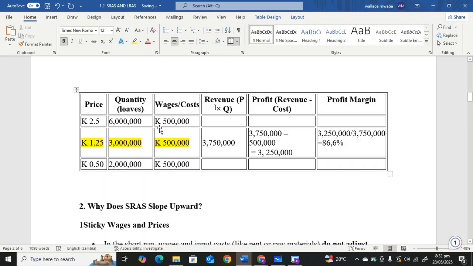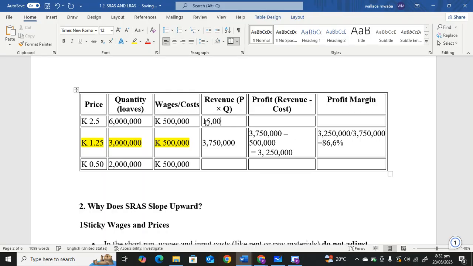Then now price level goes up. This business decides to increase the price of its good and also increase the output, but wages stay fixed. So let's get our new revenue, 2.5 times 6 million. 15 million.